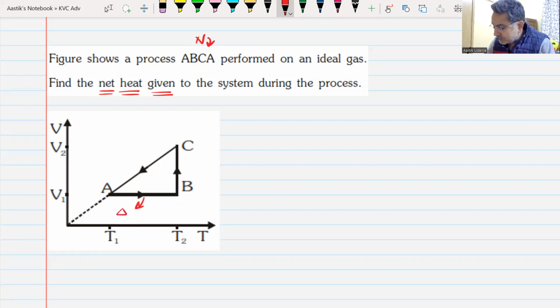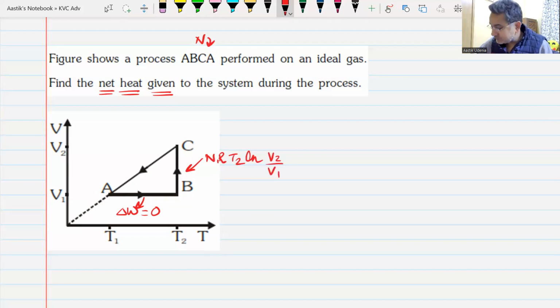What is the work done in this process? 0, sir. What is the work done in this process? Which process is this? Isothermal. What is the work done? It's nRT ln(V2/V1). What is T here? T is T2. nRT2 ln of V2 by V1. Yes or no?